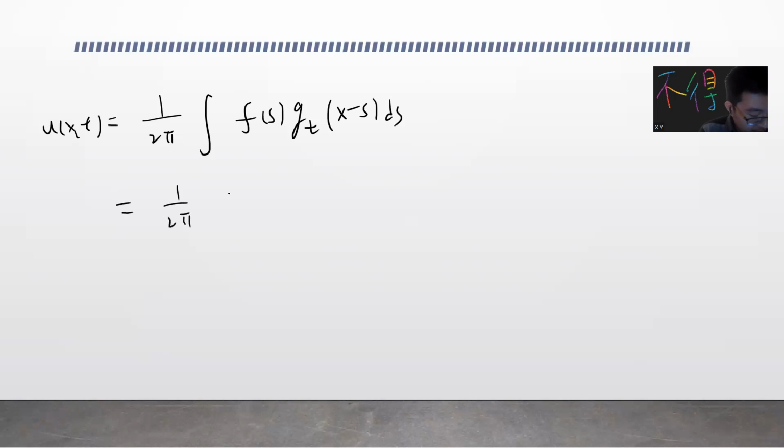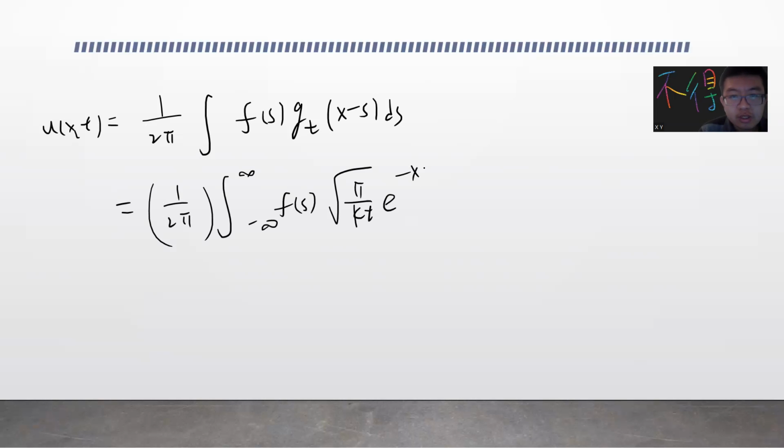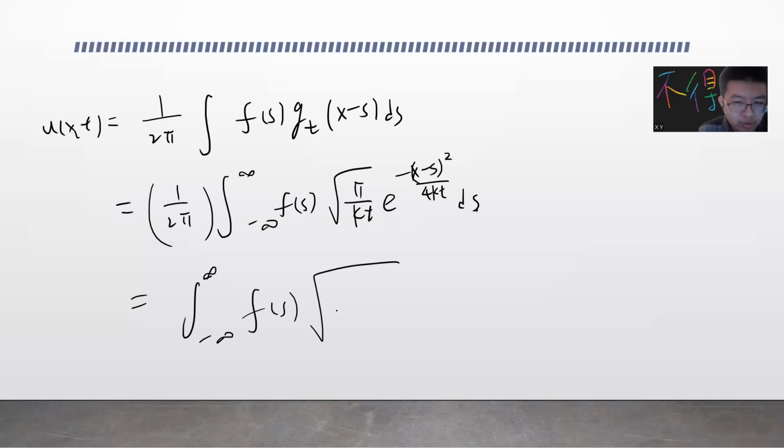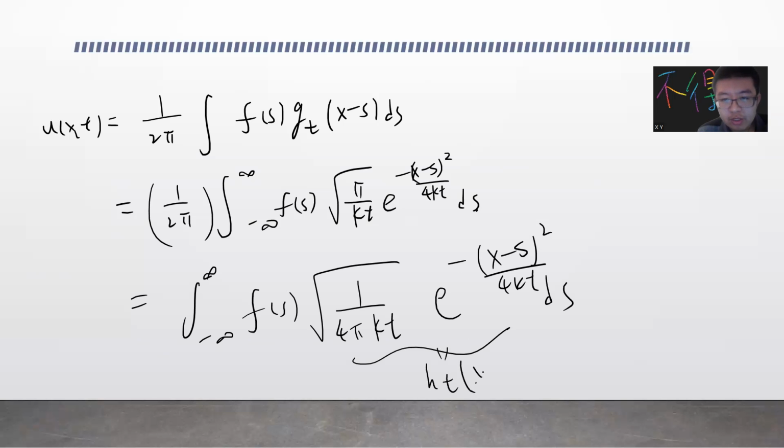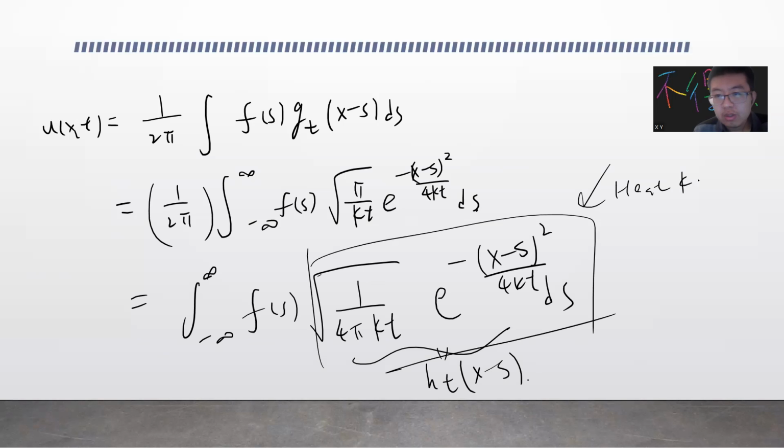So it will be 1 divided by 2 pi, the integral from negative infinity to infinity of f(s) times the square root of pi over kt times exponential of negative (x minus s) squared divided by 4kt. Combining the constants, you get the integral of f(s) times 1 over the square root of 4 pi kt times exponential of negative (x minus s) squared divided by 4kt ds. So this is h_t(x minus s), as we just proved. This is the Heat kernel. By the way, you can change this variable to omega, but I use s.